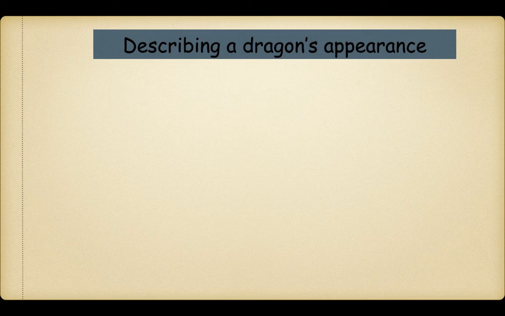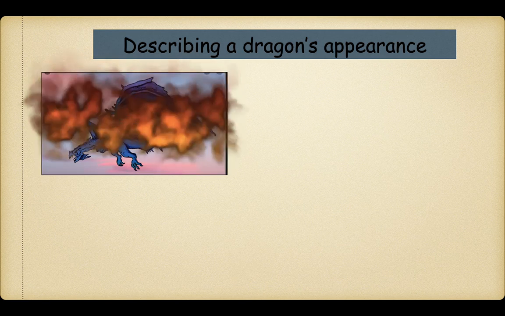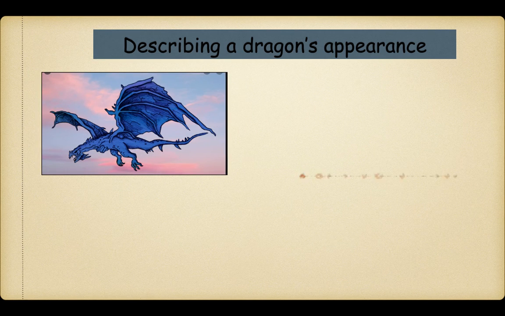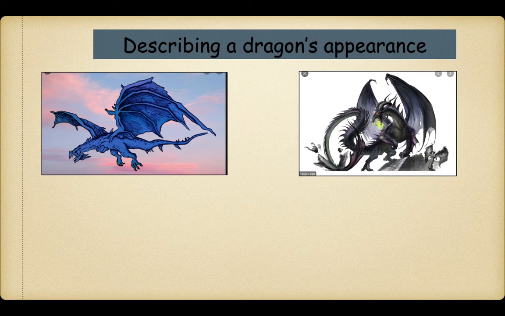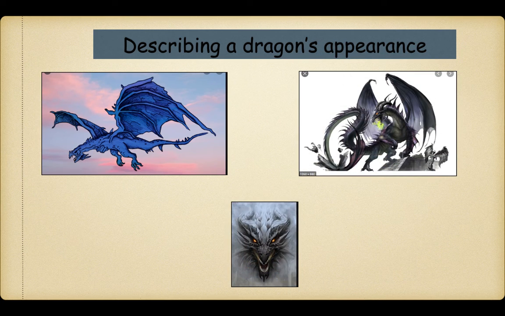Right, now we will start the second part of the lesson. Describing a dragon's appearance was what we did yesterday. So we had our dragon, or dragons, and we were able to describe what they looked like using adjectives. So the blue dragon has sharp claws.